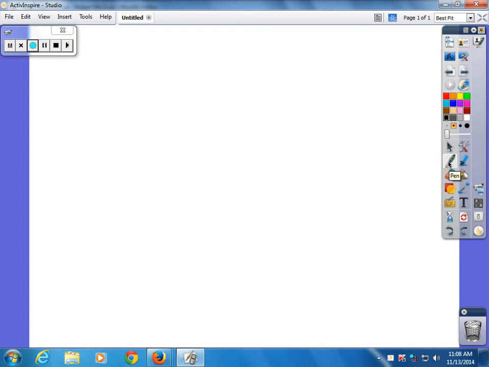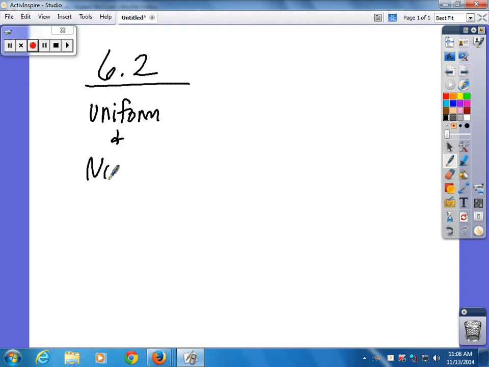That's the difference. In 6.2, you're working with uniform and normal distribution. And like I say, if I gave you a test in 6.2, 9 problems would be normal and 1 would be uniform. So you really need to focus on the normal distribution.